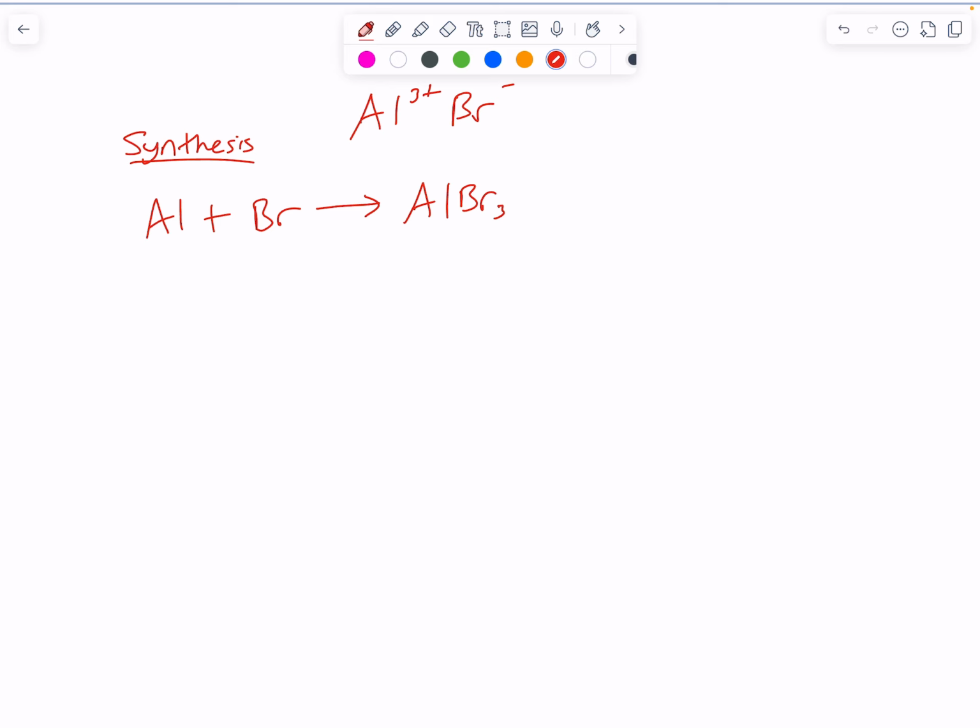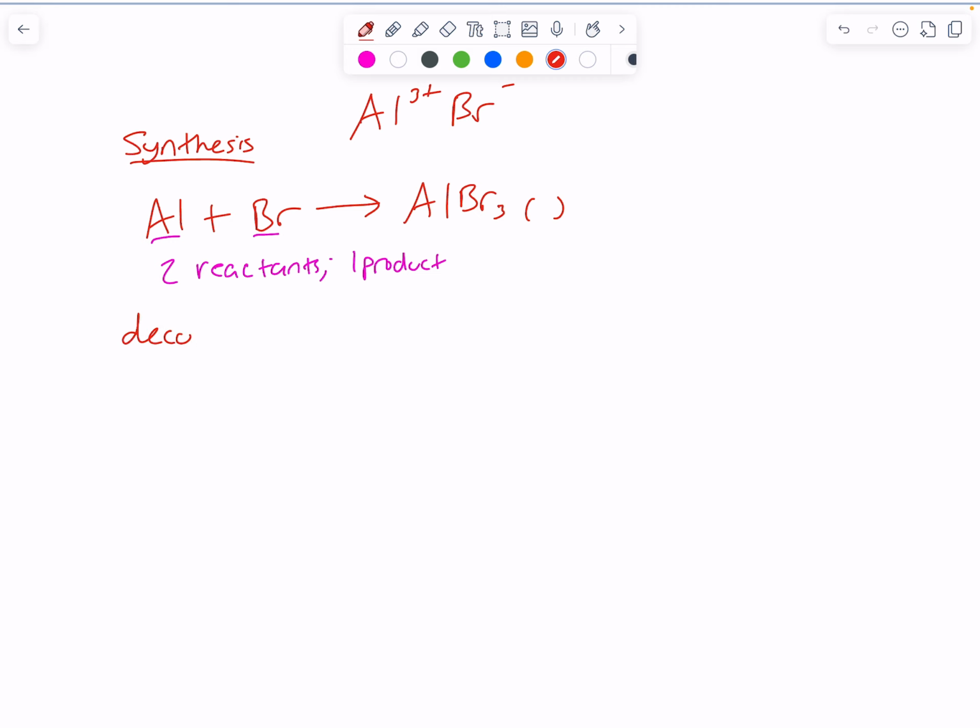Of course, you have to put your states of matter and balance the reaction, but for now I'm just going over the types, and we'll do those extra details in the questions. So again, I have two reactants, elements, and one product.